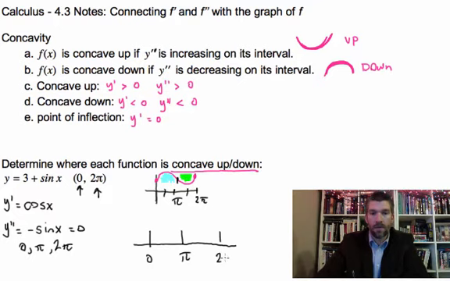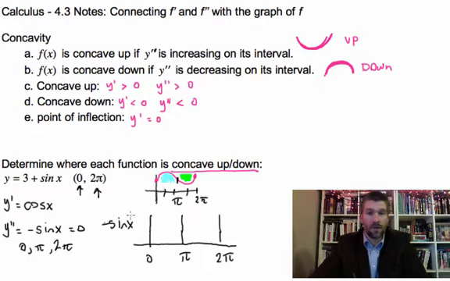and 2 pi. And we're going to make a sign chart, because where we change from concave up to concave down is our point of inflection. And there is a change because the sine curve doesn't sit still at all. So we're going to take negative sine x and put it over here, and then plug some numbers in.